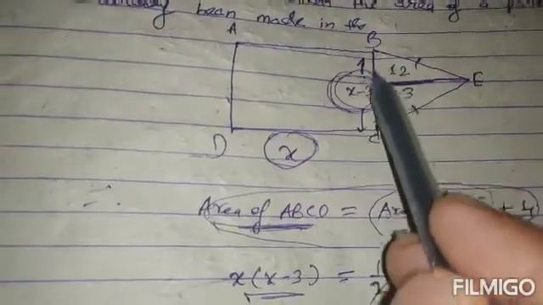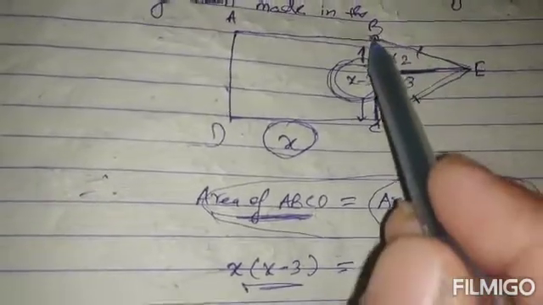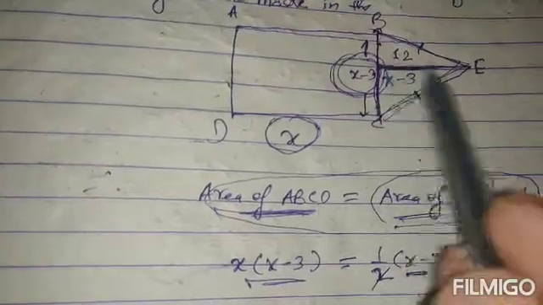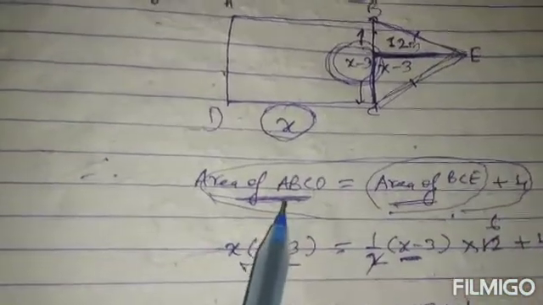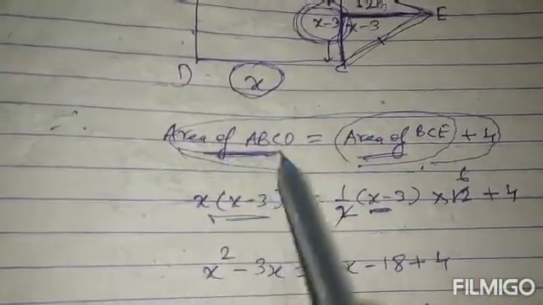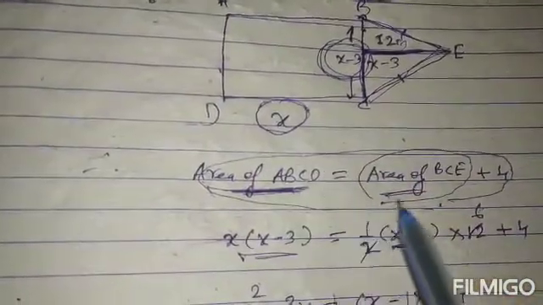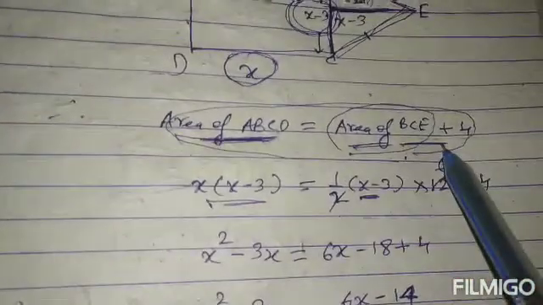Now we have taken this as the base and we have drawn a triangular field whose altitude is 12 meters. It is given in the question that the area of ABCD, that is the area of this rectangular field, will be equal to the area of this triangular field plus 4, right?